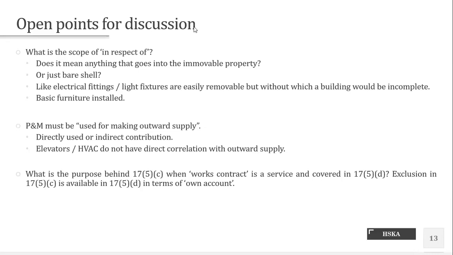So these transformers and window frames, again, it circles back to whether it is a fully functional building or a bare shell, or is it a basic necessity that is required in a building. If I answer that question, then I'll be able to say whether it's yes or no. Construction of immovable property: anything included within immovable property should be there for construction.